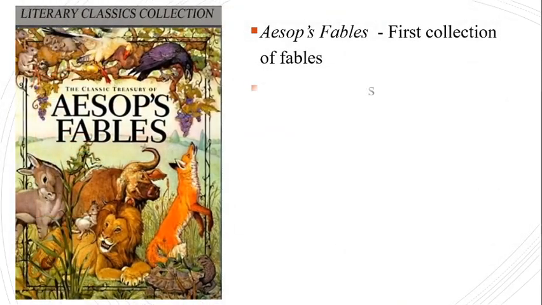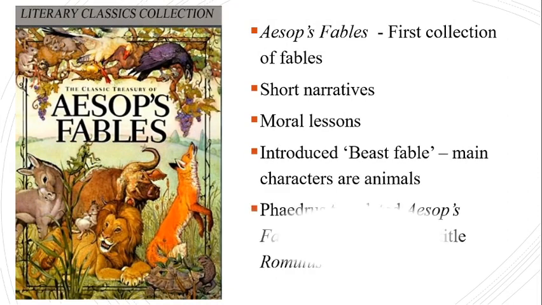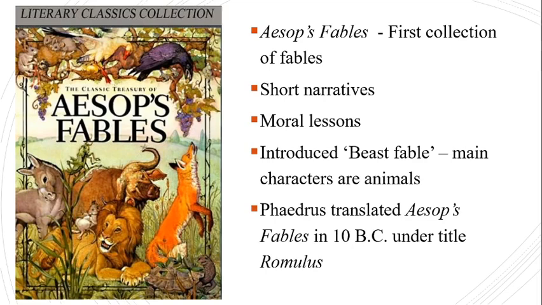The first collection of fables is believed to be by Aesop, a Greek slave who lived in the 6th century BC. Aesop's fables consisted of very short narratives that conveyed a moral message. It was Aesop who introduced the beast fable, in which animals were portrayed as the main character.